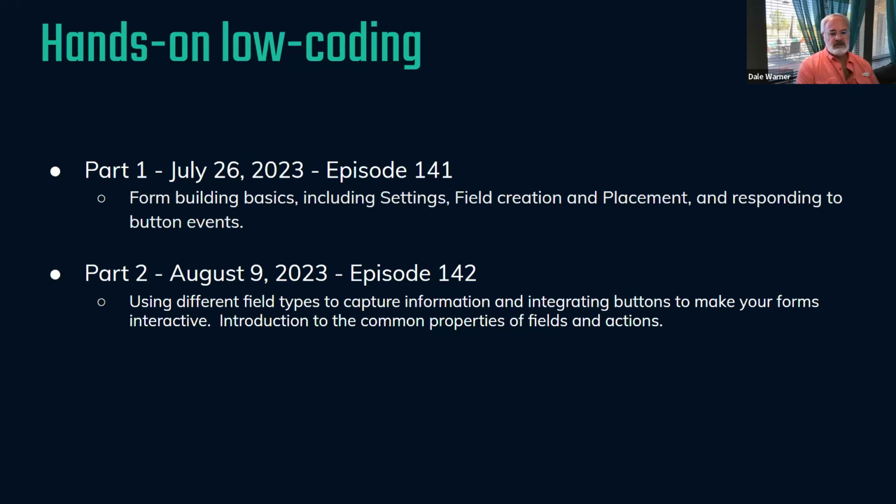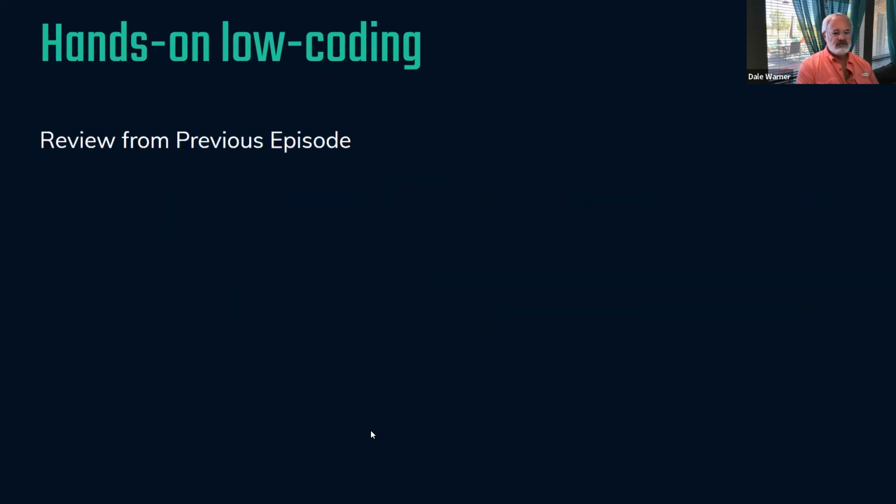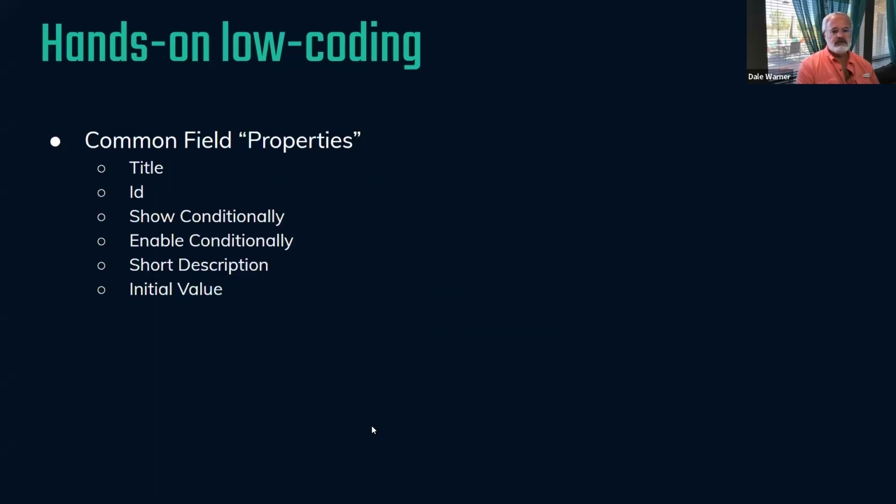The next one we did was exploring the different field types that are available in Plant and App Form Builder, and some common properties and some actions. We'll even touch on that progress today, but if you need to go back through that in detail, that's episode 142.